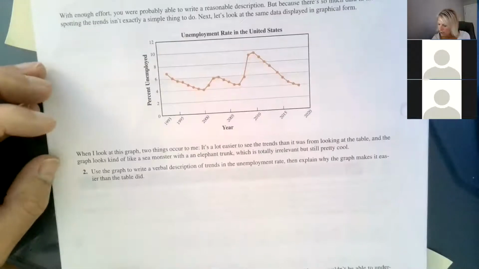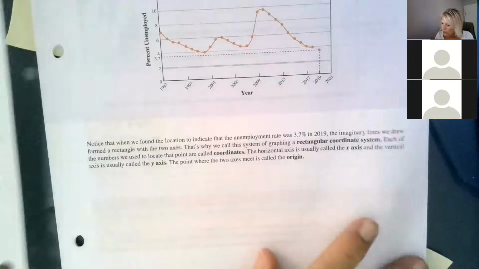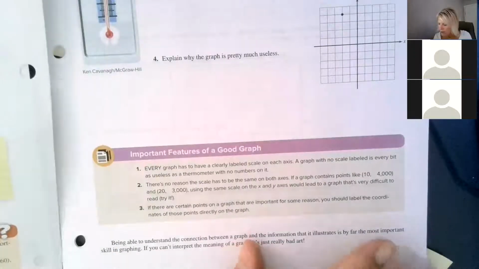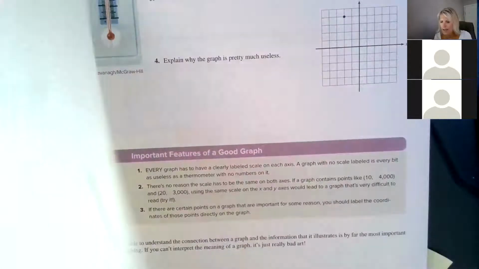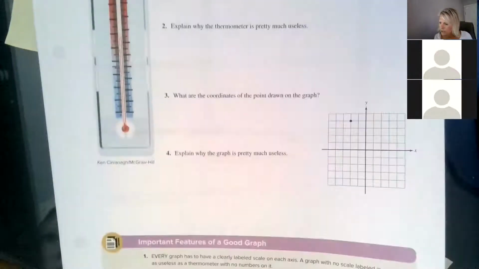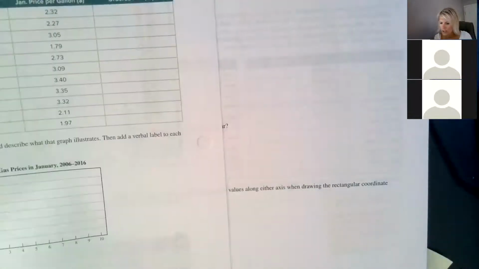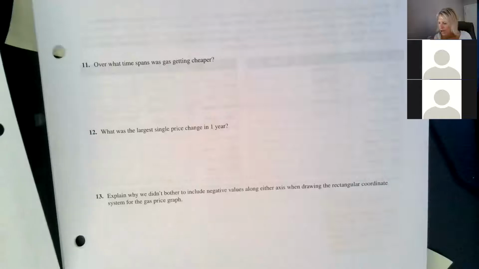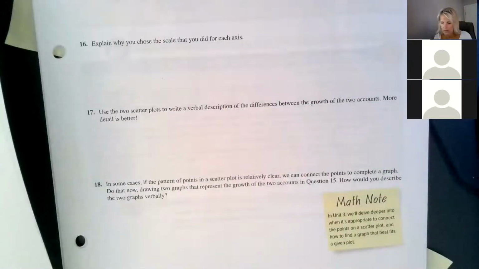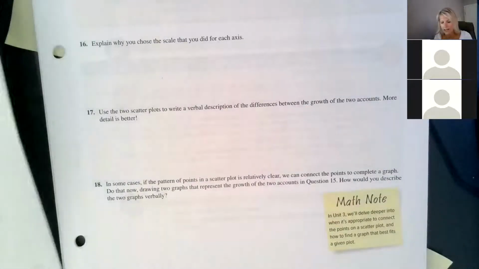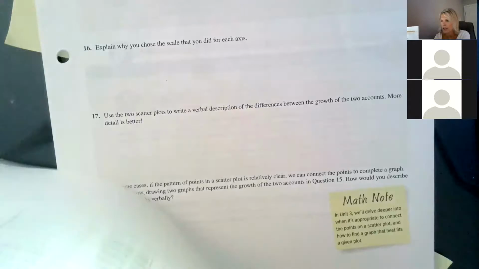So go ahead and start answering 1 and 2, and we're going through 5 on page 142. Then we're doing just questions 1 through 4 on page 143, and then flipping over. It actually goes 1 through 18 technically, but I'm going to do some graphing with you towards the end.